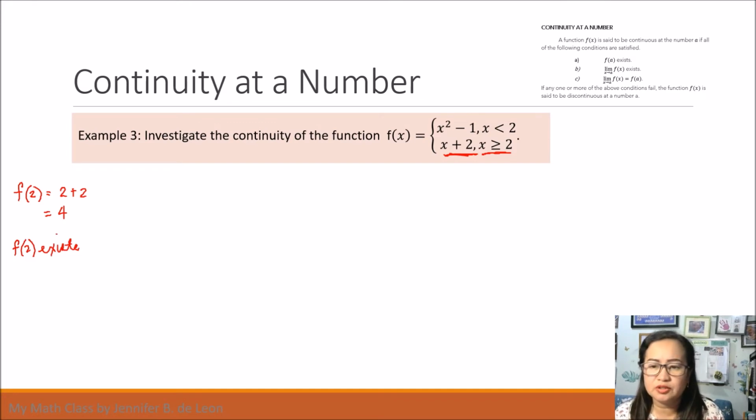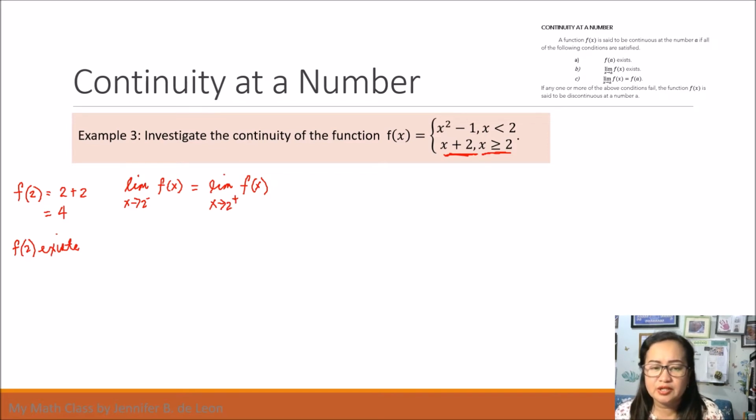Now what about if we check whether this function satisfies the second condition? We have to prove that the limit of f of x as x approaches 2 from the left is equal to the limit of f of x as x approaches 2 from the right.